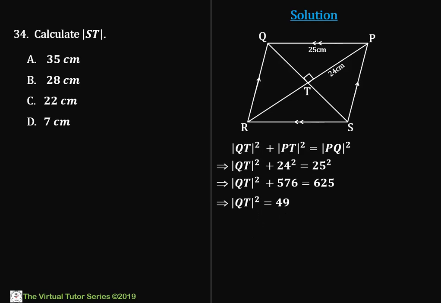We solve for the length of QT by finding the square root of 49, which is 7 centimeters. The length of ST is equal to the length of QT. Therefore, the length of ST is also 7 centimeters. Hence, option D is the correct answer.